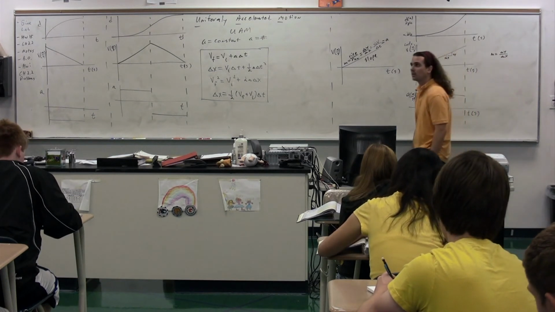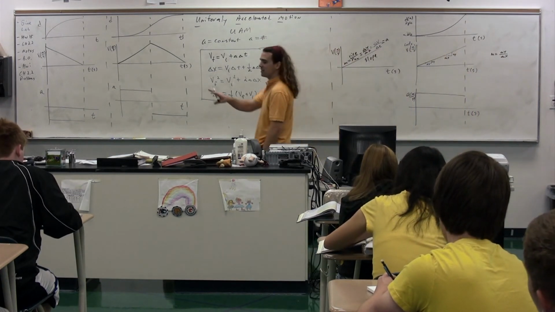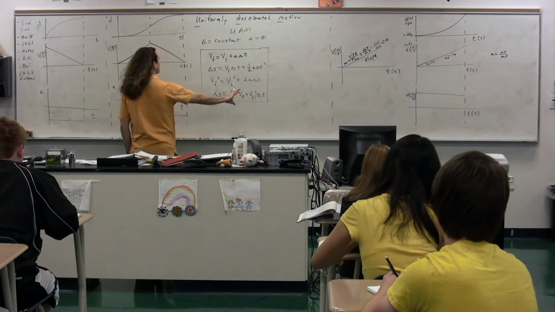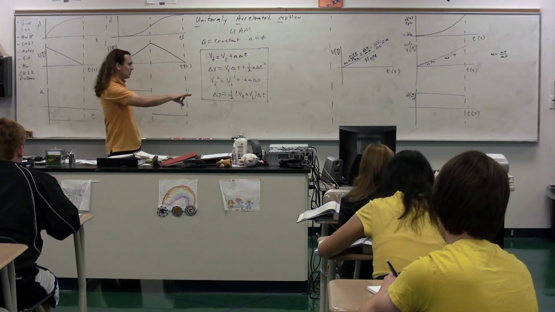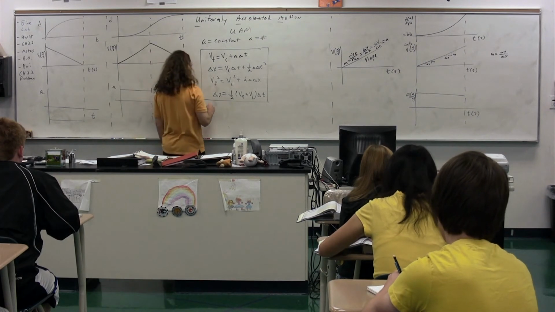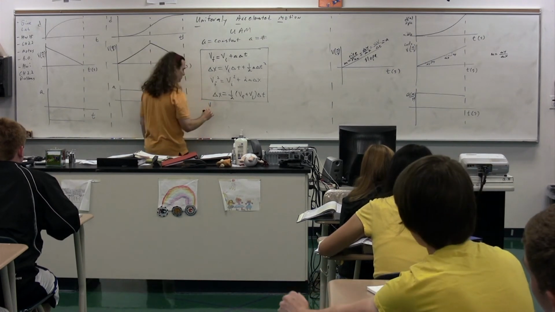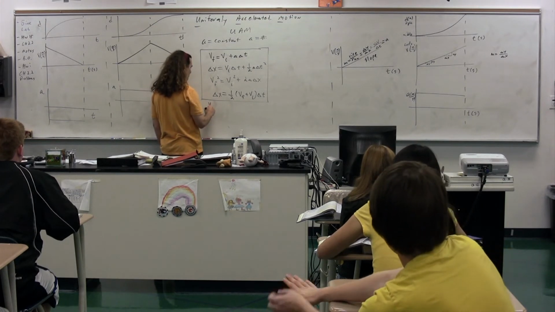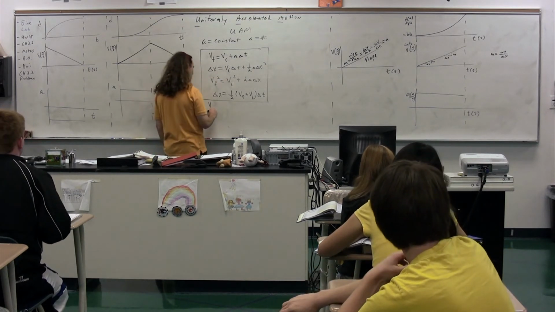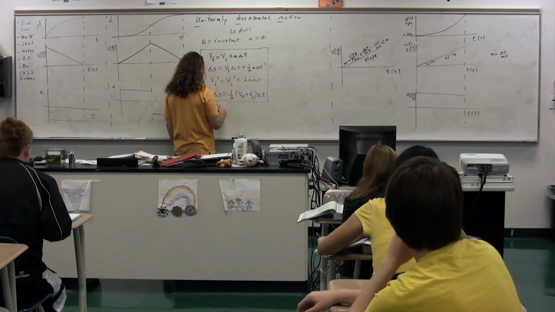Let's work with them. Austin, please tell me what are the variables in these 4 equations. We're listing all the variables that are in these equations. So velocity. Velocity final. And? Velocity initial. Keep going.